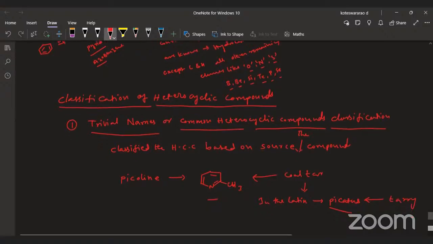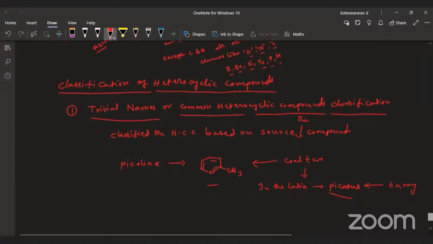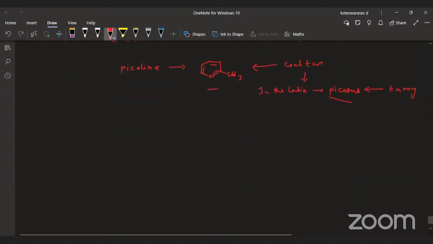In the IUPAC nomenclature also, the IUPAC nomenclature committee considers these names as official names. Till now, about 60 trivial and semi-trivial names of the heterocyclic compounds are recognized by the IUPAC.